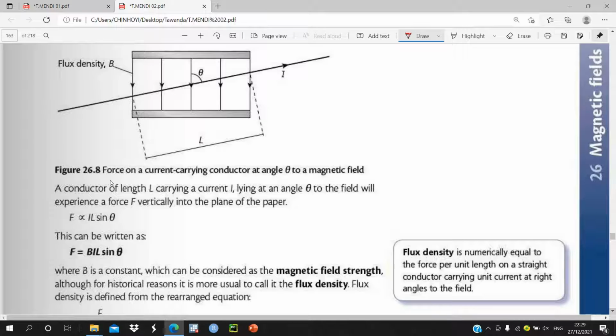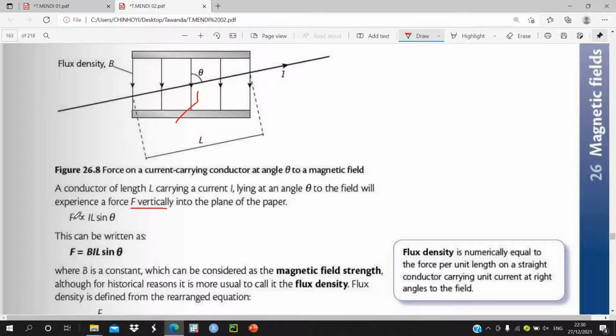If we have a conductor of length L carrying a current I lying at an angle of theta to the field, that wire is going to experience a force which is vertically into the plane of the paper.